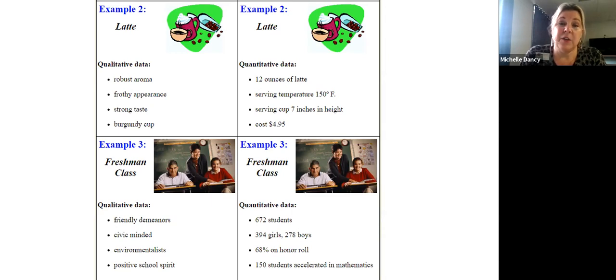I could divide it up into 320 girls and 278 boys. I could talk about what percent's on the honor roll. So, hope this helps you understand the difference between qualitative and quantitative, and also emphasize that the same item can have both. It's not an either or thing.